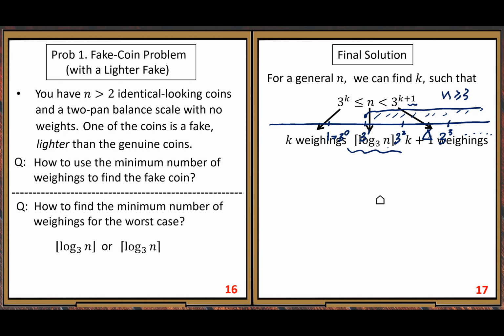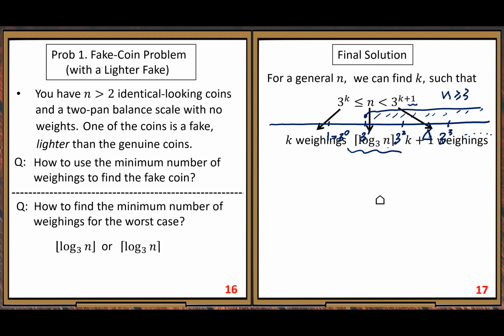No matter what n is given, if it is between those two numbers, we can use k plus 1 weighings to find the solution.